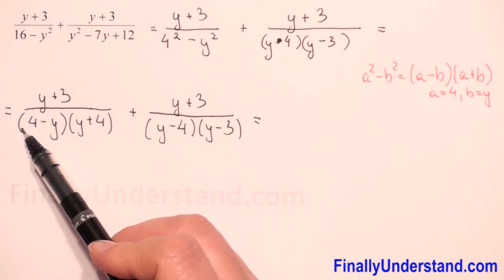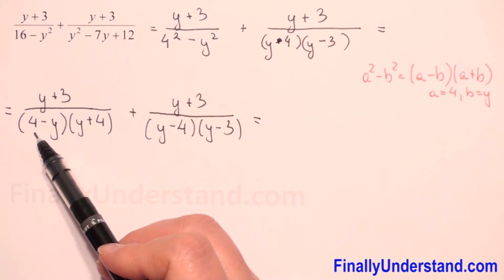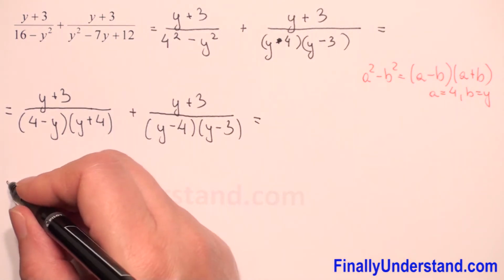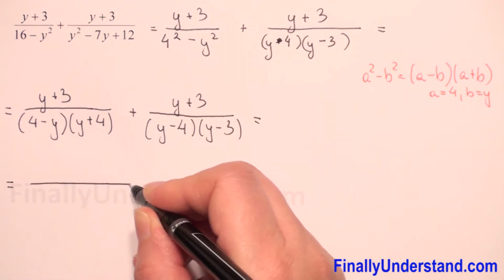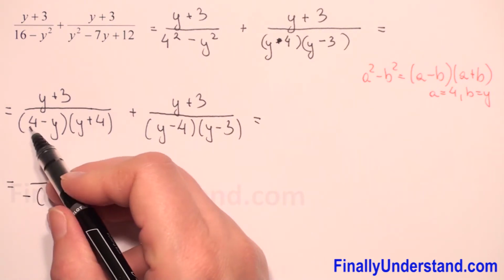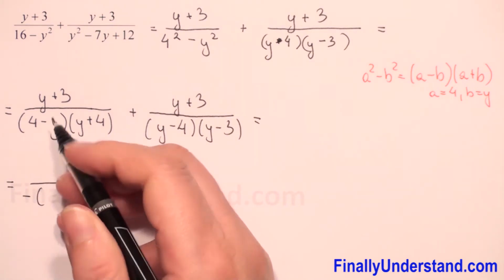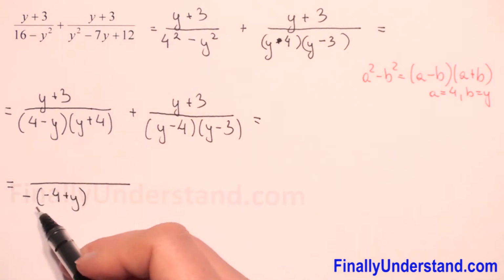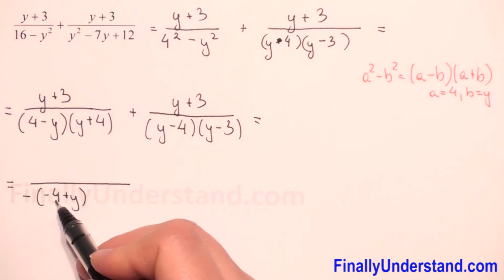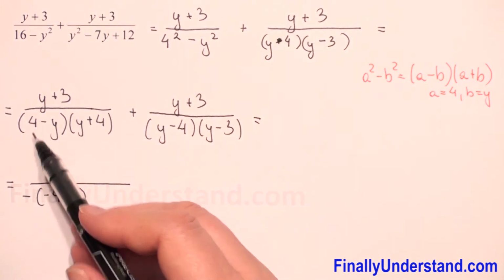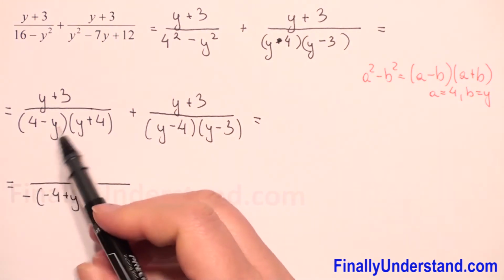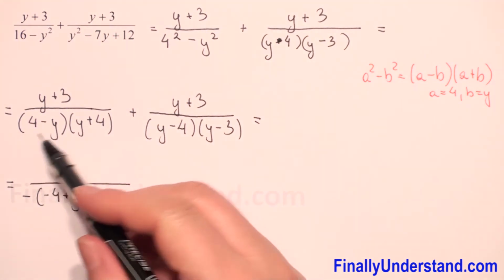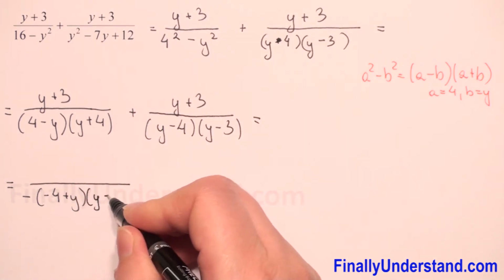We can factor out a negative sign and we will have y minus 4. So let me do this. If I factor out a negative sign from 4 minus y, it will be negative times negative 4 plus y, because when I multiply by negative 1, negative 4 becomes 4, and negative 1 times y will be negative y. It's the same as what I have here. The rest we have to copy.